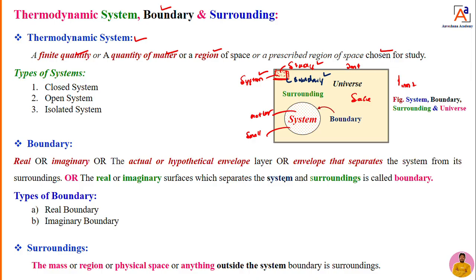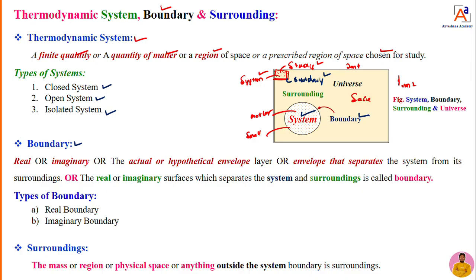So the system is nothing but a certain quantity of matter or region considered for study, and it is surrounded by a layer, envelope or enclosure, which we call a boundary. What a boundary is and what the types of boundary are, I will discuss in detail. Now we know what a system is. This system is classified into 3 types: closed system, open system, and isolated system. Now I will move towards the next topic, that is boundary.